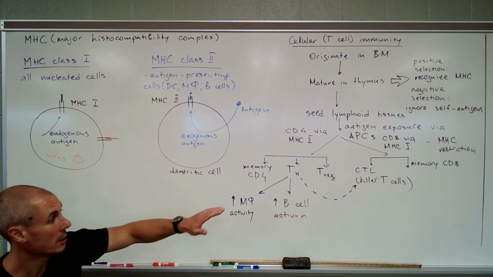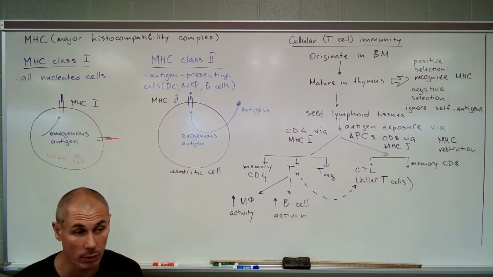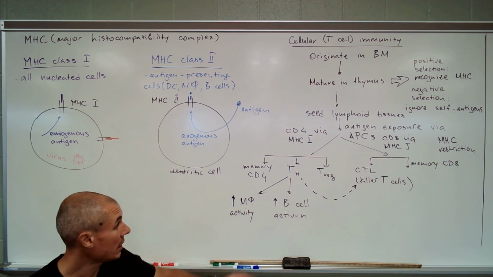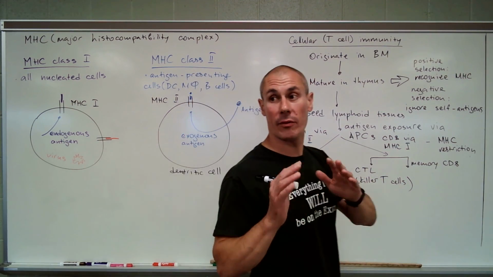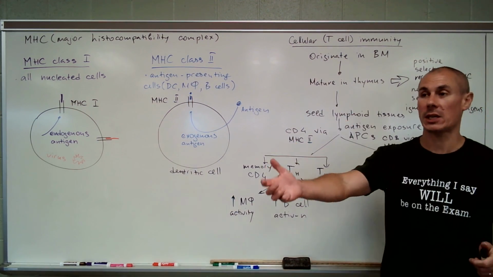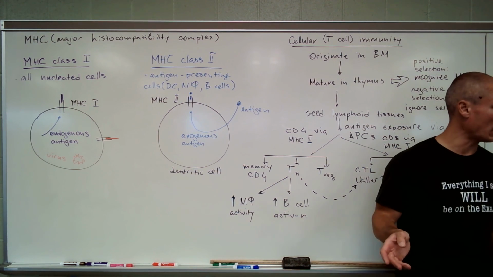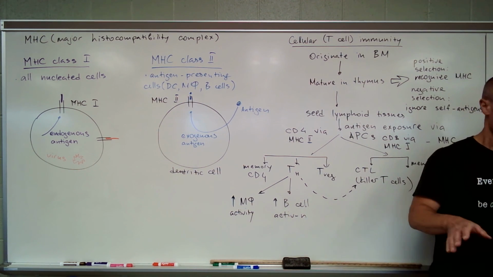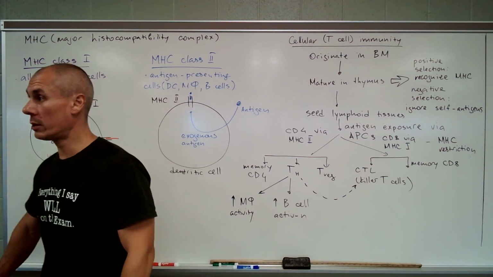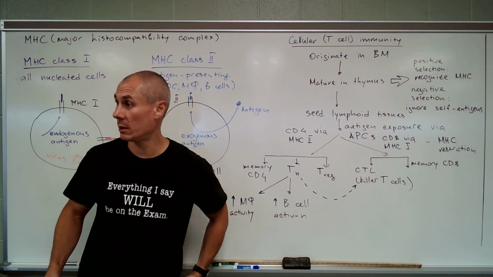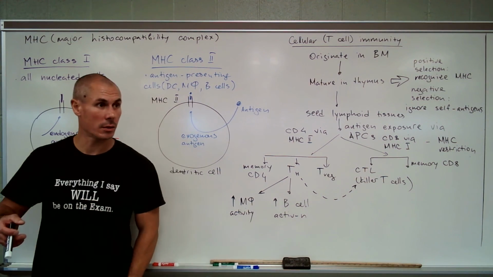Now let me ask you a simple one. T helper cells are like a football coach. They don't do anything in terms of getting rid of a pathogen. They don't phagocytose, they don't induce apoptosis, nothing. What they do is like, what's his name, the Chiefs coach, Andy Reid, I think.